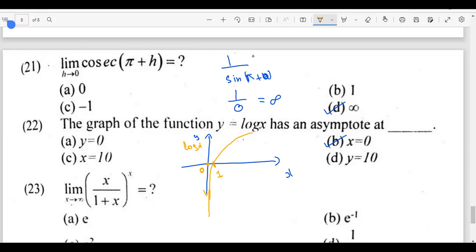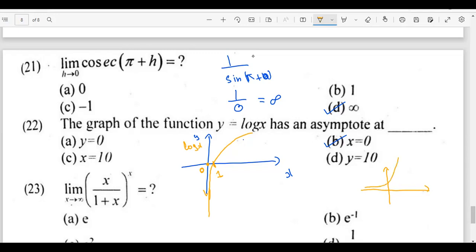Now, you must be familiar with a few graphs of this type. If I talk about this one, we have two asymptotes, the y-axis and the x-axis, both of them are asymptotes. Then, if I talk about the exponential graph, that would be a good example. It would be something of this type.